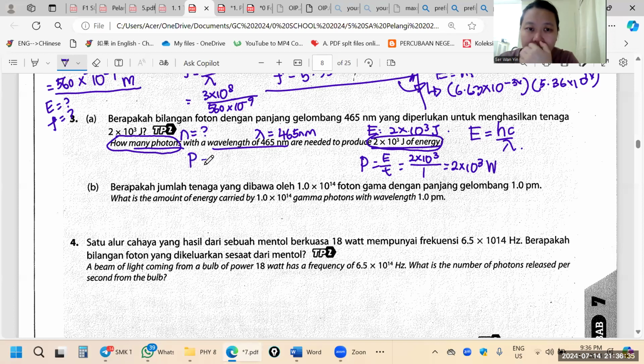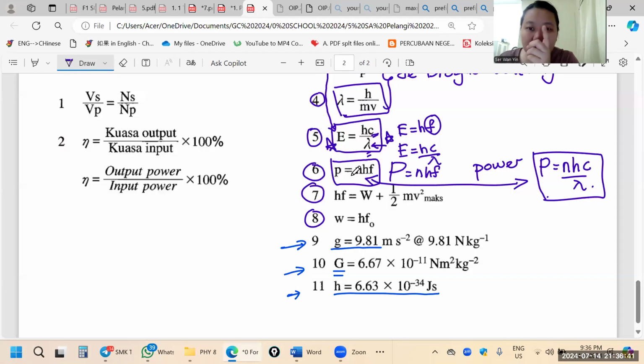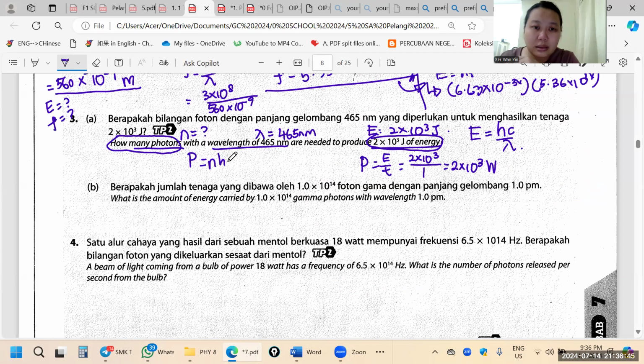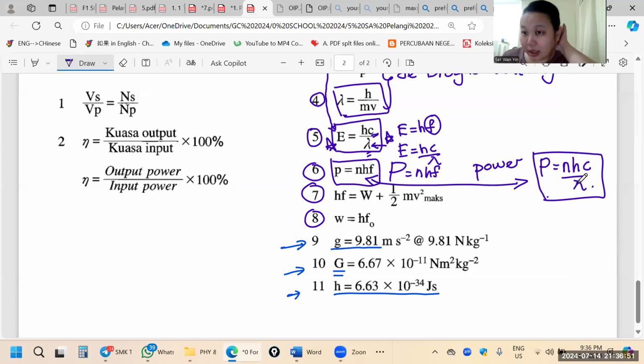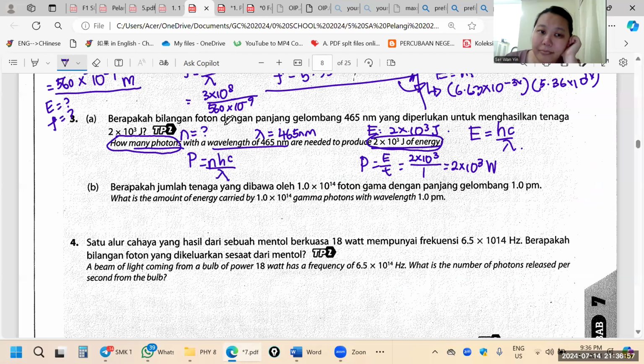So we can use P equals to NHC over lambda. Since they give lambda, we use HC over lambda, and this is the N.